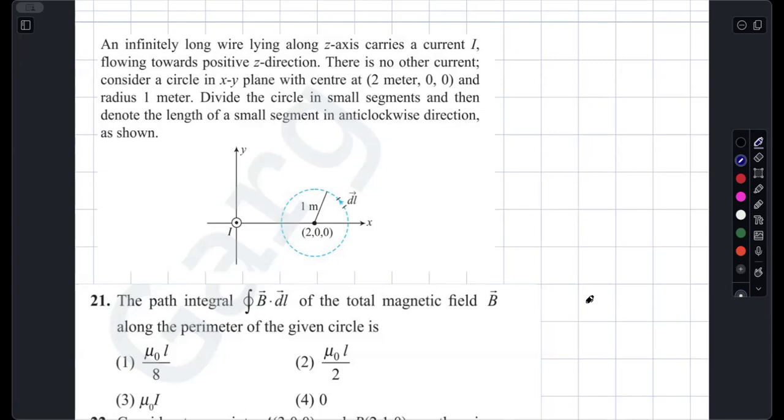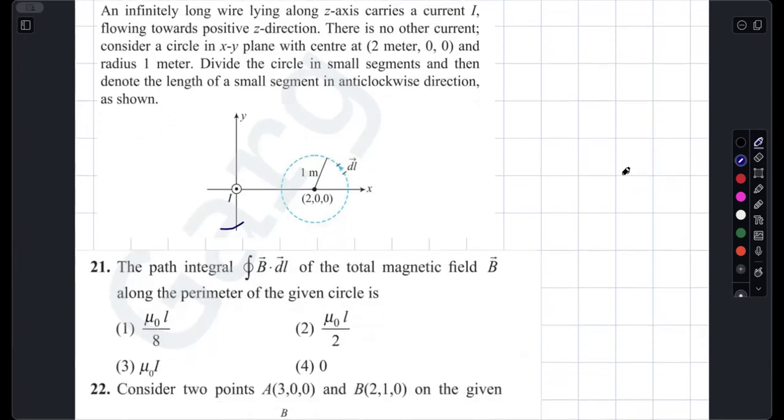Infinitely long wire lying along the z axis. Can you see the wire? Here is a wire. There is no other current. Consider a circle in XY plane with the center at 2, 0, 0 and radius 1 meter.